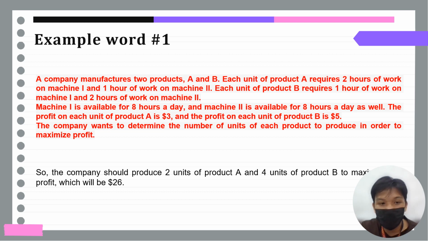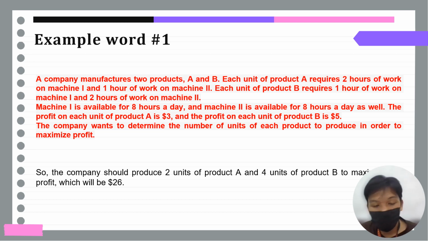Machine 1 is available for 8 hours a day, and machine 2 is available for 8 hours a day as well. The profit on each unit of product A is $3 only, and the profit on each unit of product B is $5. The company wants to determine the number of units of each product to produce in order to maximize the profit.